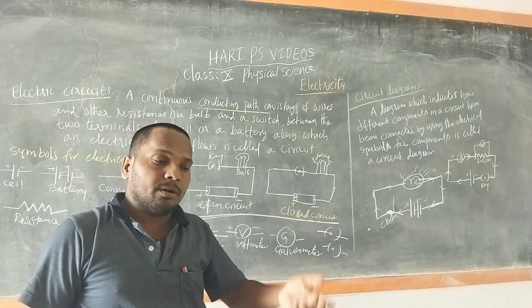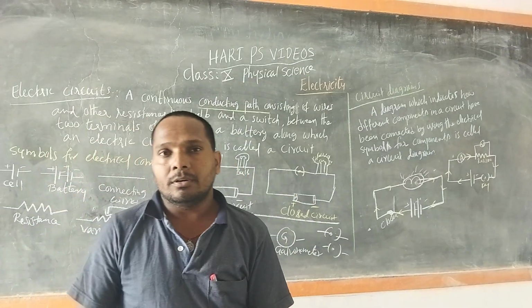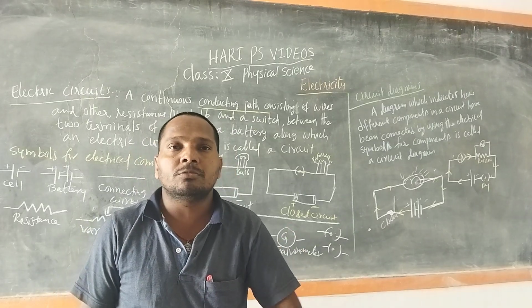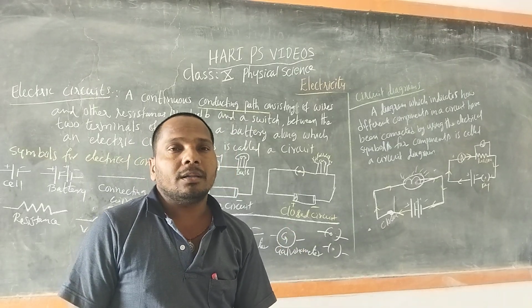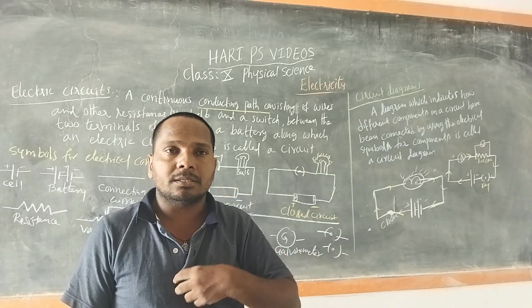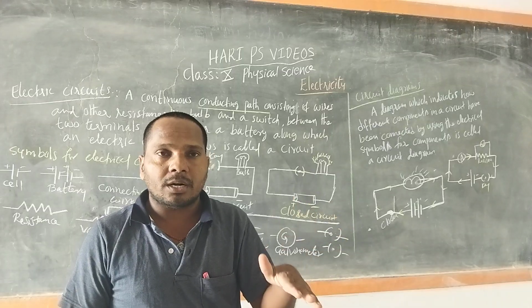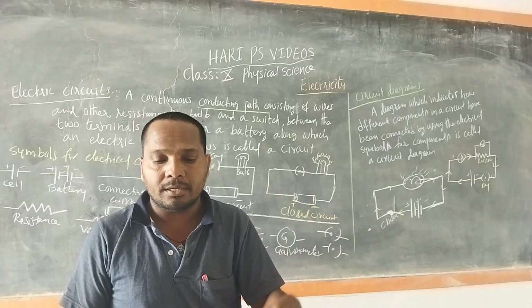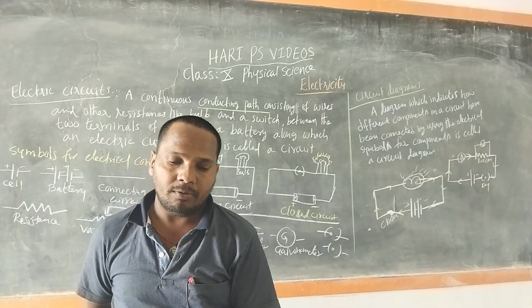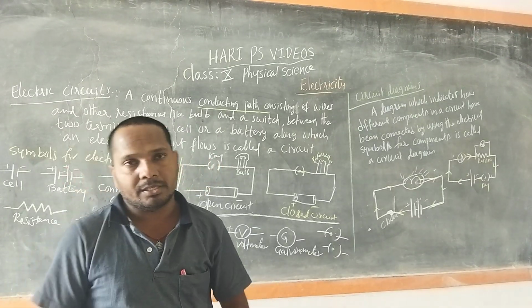If you are in your school and have a science lab, your teachers may show you all the electrical components, electric plugs, switches, resistors, rheostats, ammeters, voltmeters, and electric bulbs.